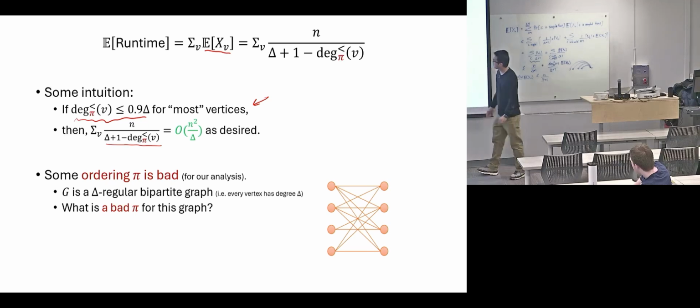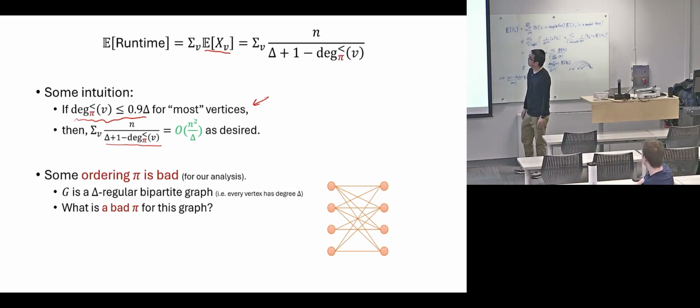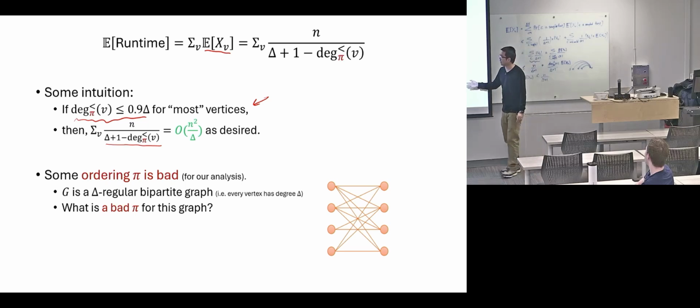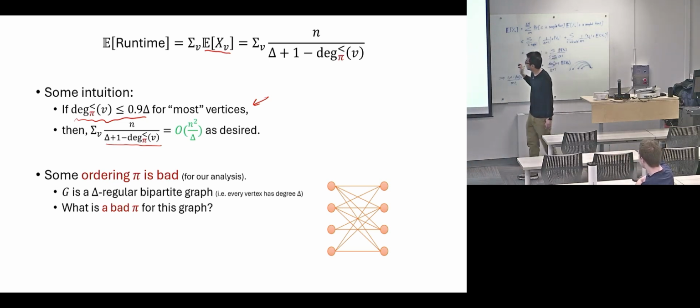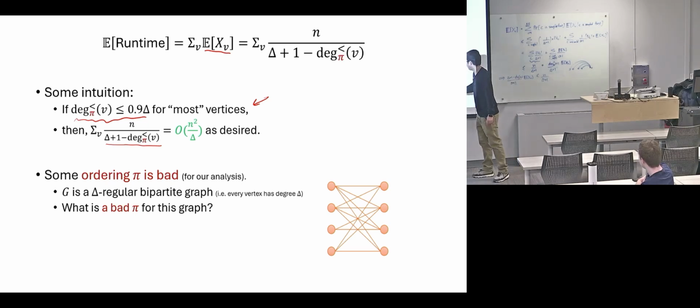There is an ordering of vertices such that for many vertices, the degree before is basically just delta. Why doesn't one of the nodes only have degree 2? They don't all have the same degree, do they? Oh, okay. You have this.